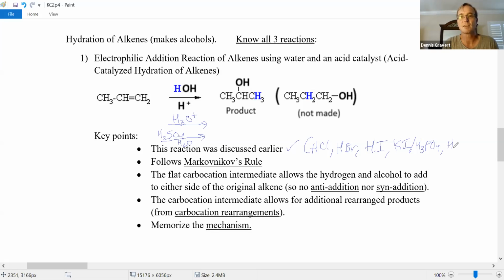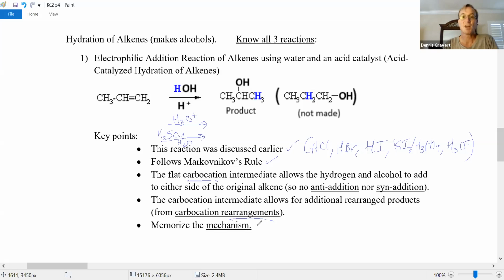And then we said you can also use dilute acids, and the arrows could represent dilute acid in one of these three ways. So take a look at that previous video for the mechanism and the discussion of Markovnikov's rule. The key thing here is that you get carbocations that can rearrange. So I have to watch out for that.